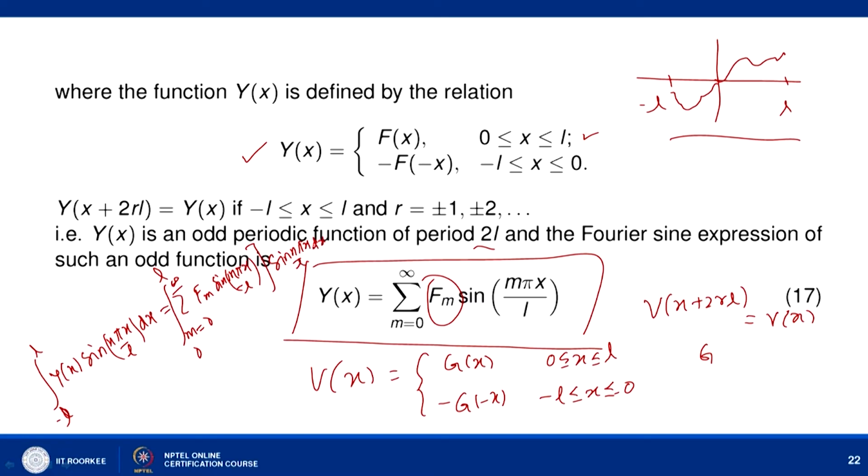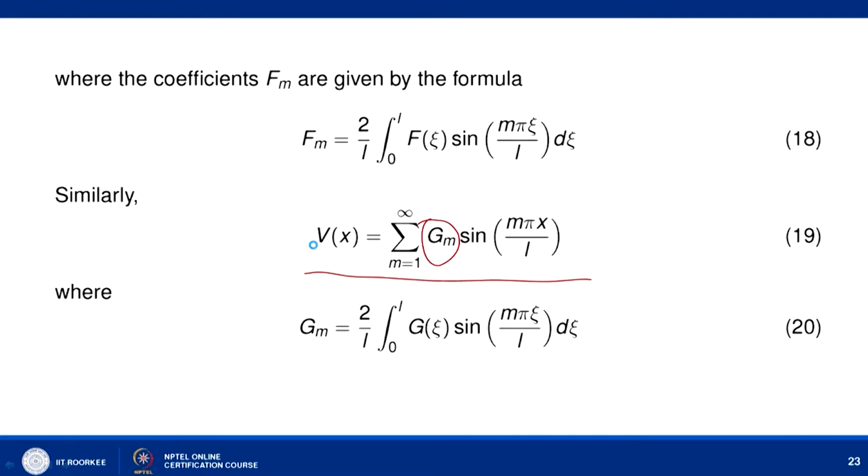Then use the orthogonality property of sin(n pi x by L), and you will see that f m you can obtain as 2 by L, integral 0 to L, f of xi sin(m pi xi by L) d xi. Similarly, you can obtain g m, that is 2 by L, integral 0 to L, g of xi sin(m pi xi by L) d xi.